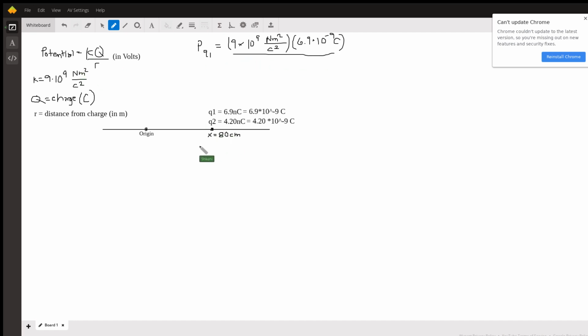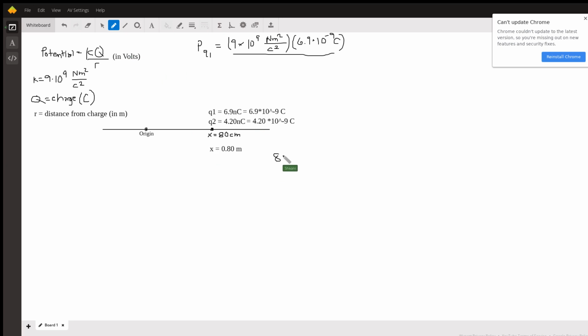And for the radius, the distance from the origin, we have 80 centimeters here, but it has to be in meters. So 80 centimeters is equal to 0.80 meters, since 1 centimeter is 10 to the negative 2 meters. I could go ahead and show that calculation real quick.